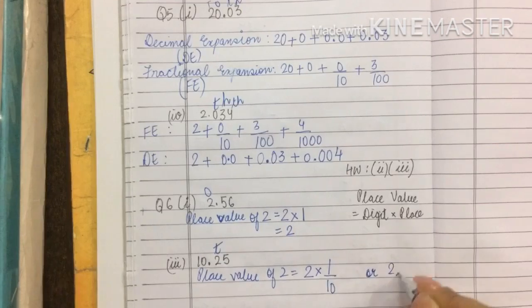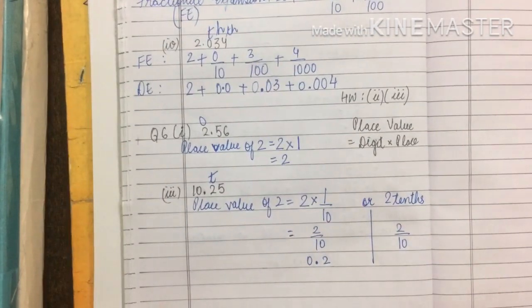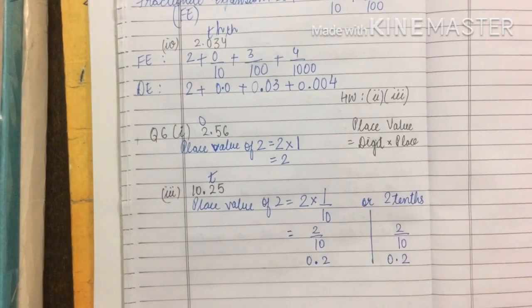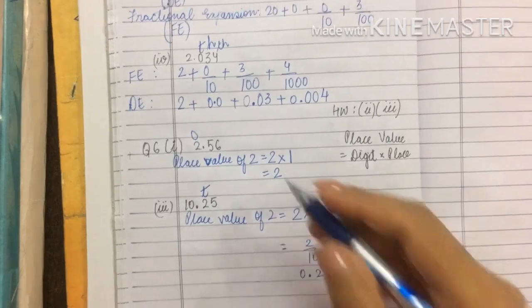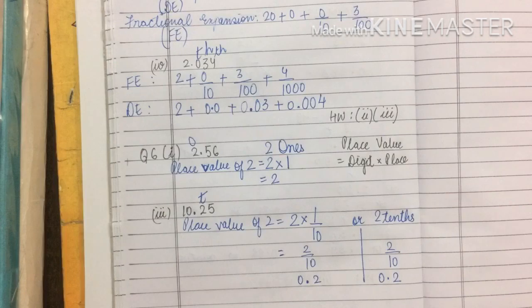Or you can write down 2 tenths. In either case, this will be 2 over 10. This will also be 2 over 10. And this is 0.2. Here you could have written 2 ones. That will tell you what the place value is.